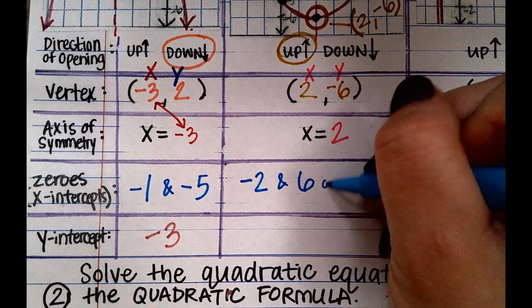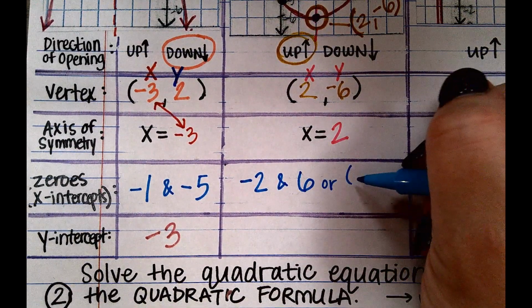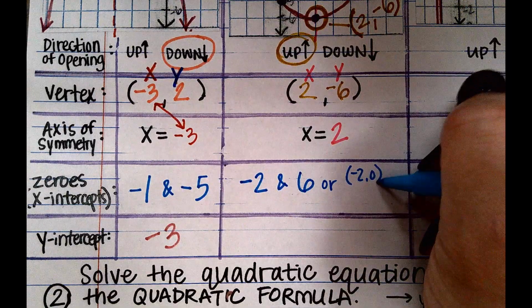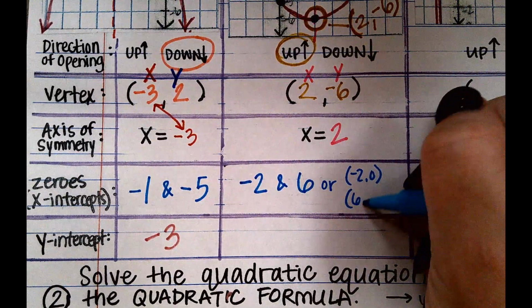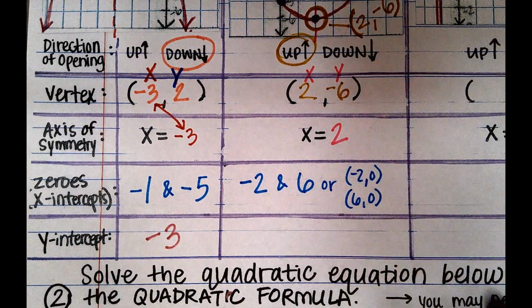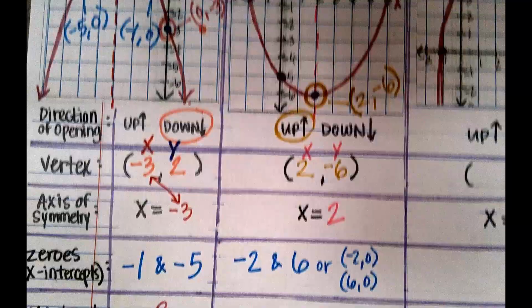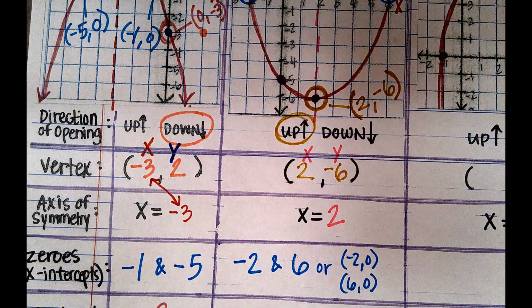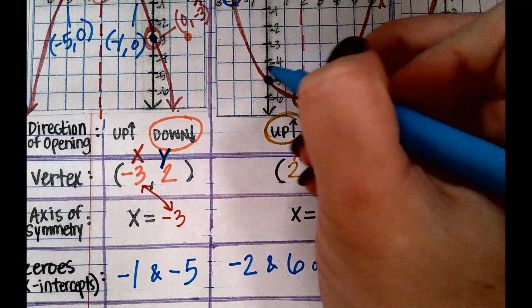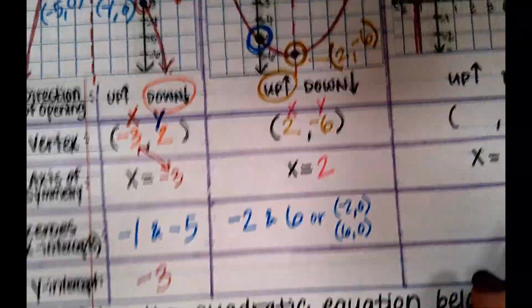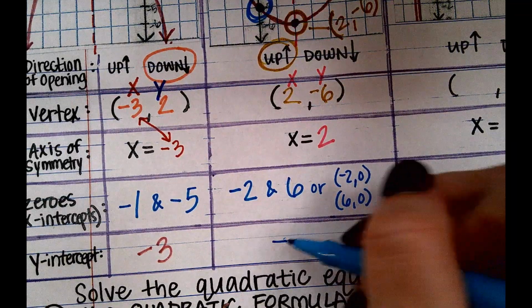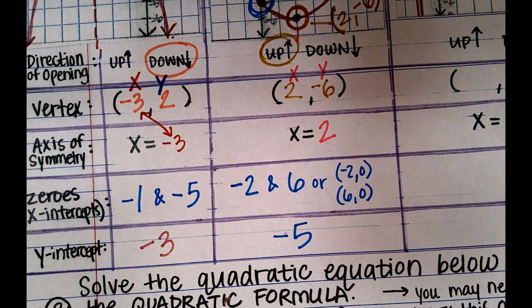Good. Okay. What's my y-intercept? Kelsey. -5. Yes. Beautiful. -5. That's my y-intercept.